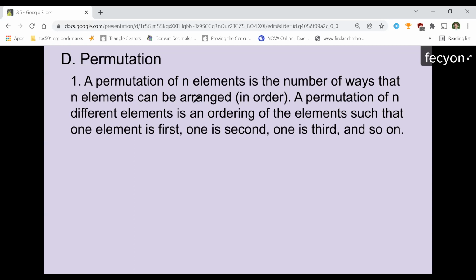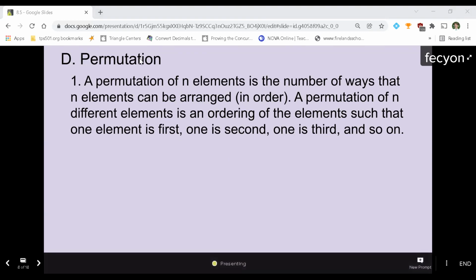So one of the elements gets to be first in the order, another one gets to be second, another one gets to be third, and so on and so forth. Makes sense? A permutation is counting how many different ways could I order a set of stuff.